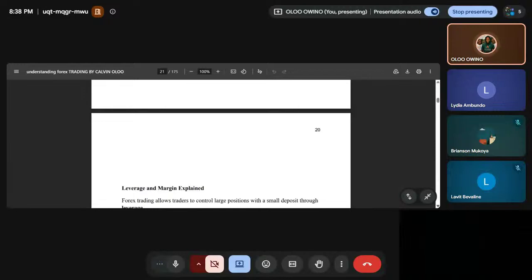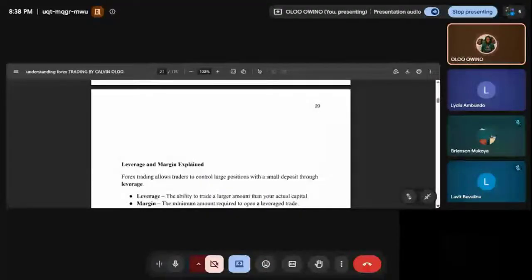We have leverage and margin. Forex trading allows traders to control large positions with a small deposit through leverage. Leverage is more like a loan that a broker gives you to allow you to trade a larger amount than your actual capital.